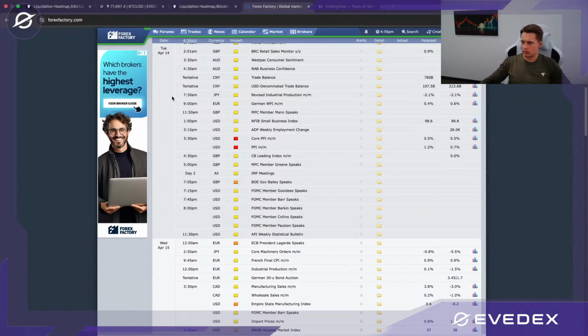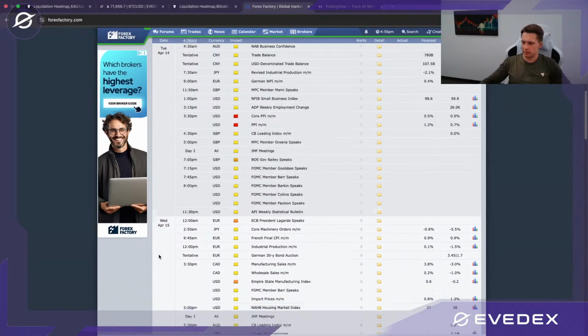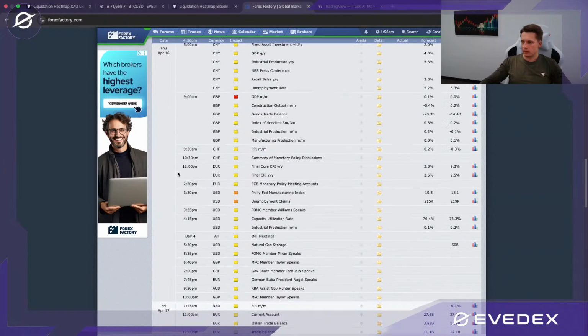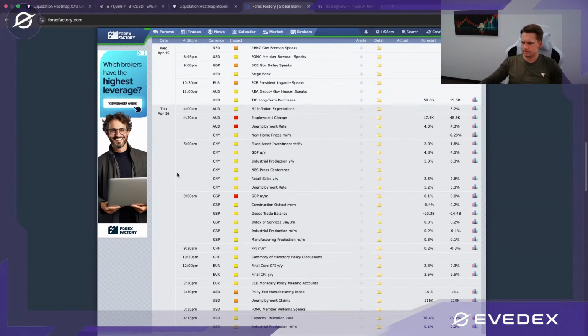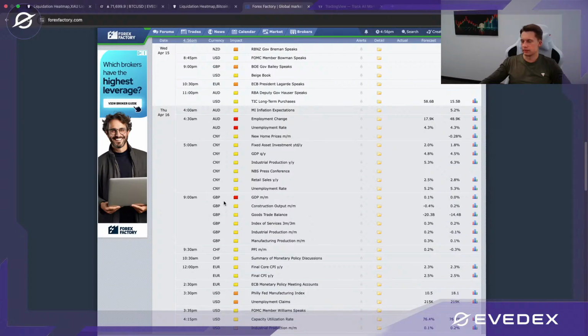anything really going on. Tomorrow we've got 3:30 PM the core PPI and the PPI. Thursday actually we have the GDP for the Great British Pound, and then 4:30 AM Australian dollar employment change and unemployment rate, which could be very interesting to see.